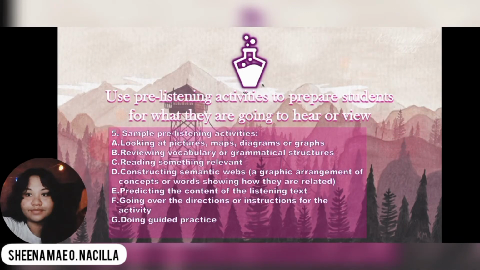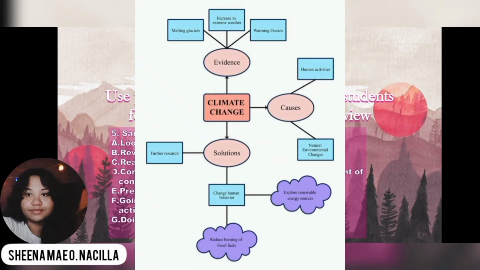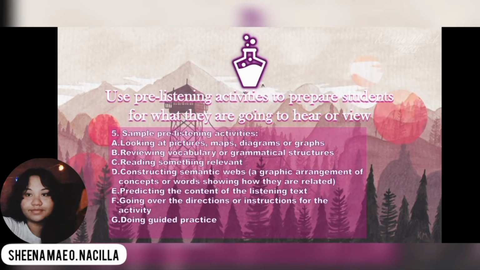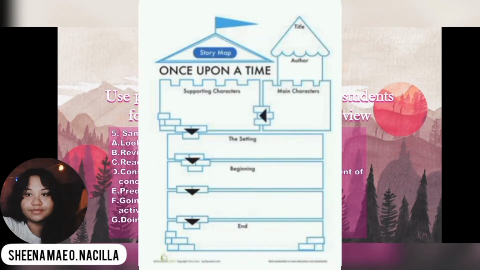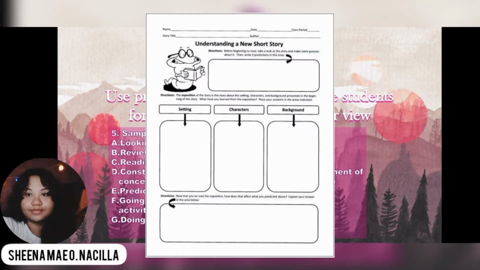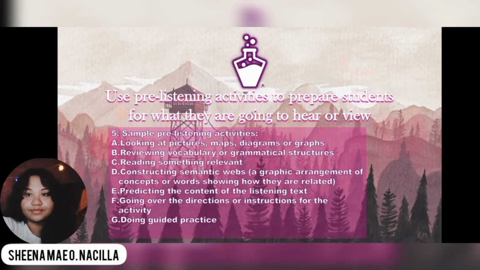Next is constructing semantic webs. A semantic web is a graphic arrangement of concepts or words showing how they are related. You can draw a web map where in the middle there is the topic or the theme of the story or poem you are about to listen to or view, and then you could ask the students for their opinions and words that could relate to the topic.